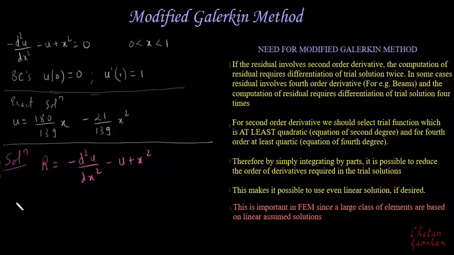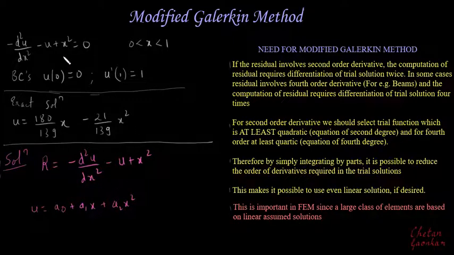So if I want to assume an approximate trial solution, the minimum degree should be 2, and in that case it will be a0 plus a1 x plus a2 x square. Let me remind you, this is the minimum requirement, so anything less than this will not work.